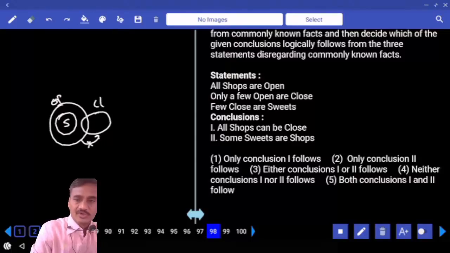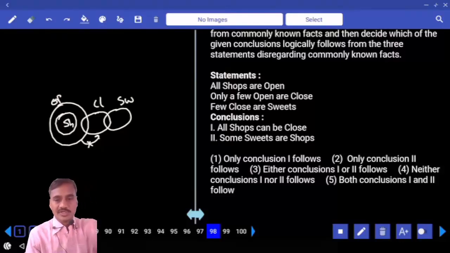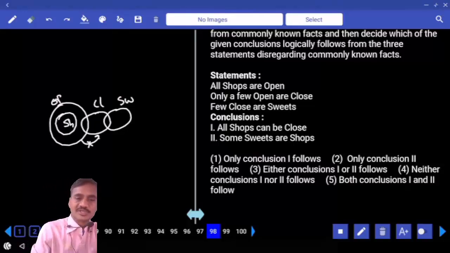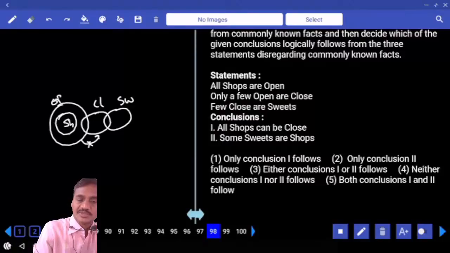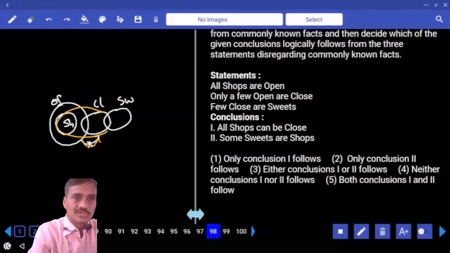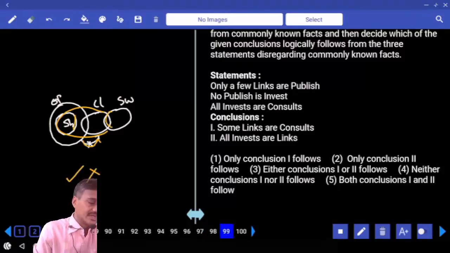Only some of the open are closed, and a few closed are sweet. Clear? This is shop. Some closed are sweet. All shops can be closed. This entire shops can be closed, so can all shops come into closed? It is possible. No, the whole open should not go into closed. And this shop can be part of this one, possibility. Some sweets are shop. Where is sweet? Shop, that is false. And so only one, that is choice 1, 98.